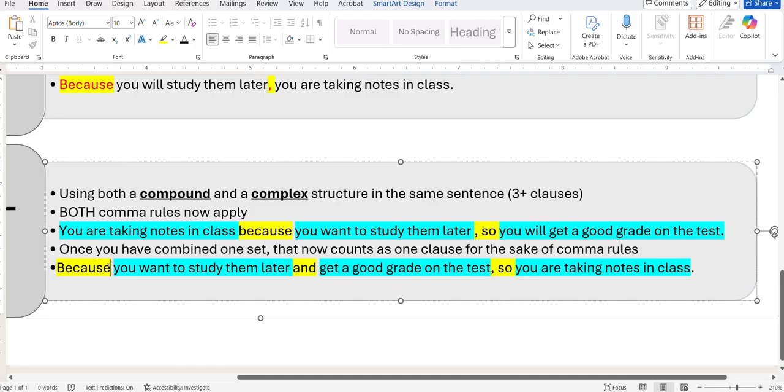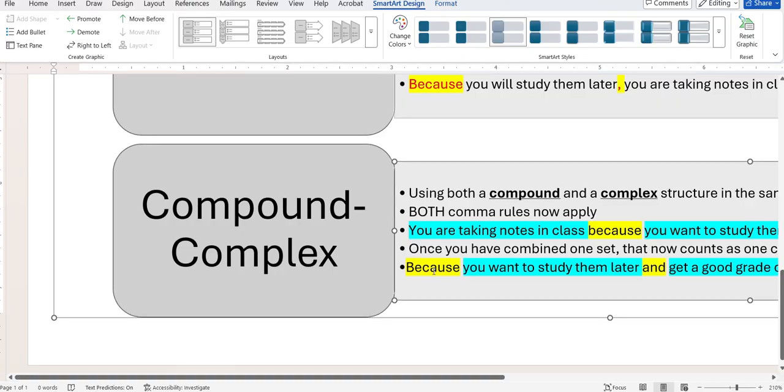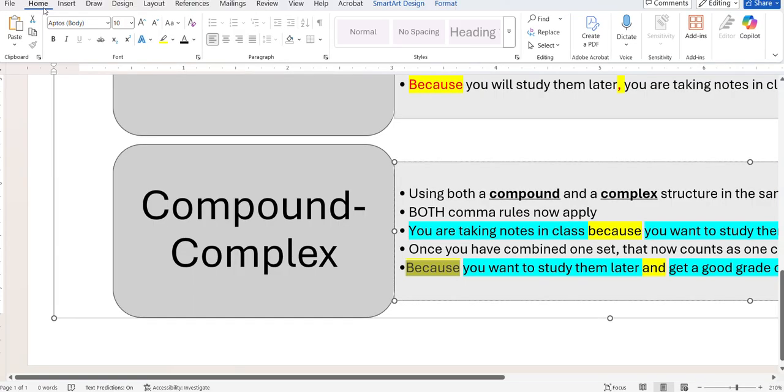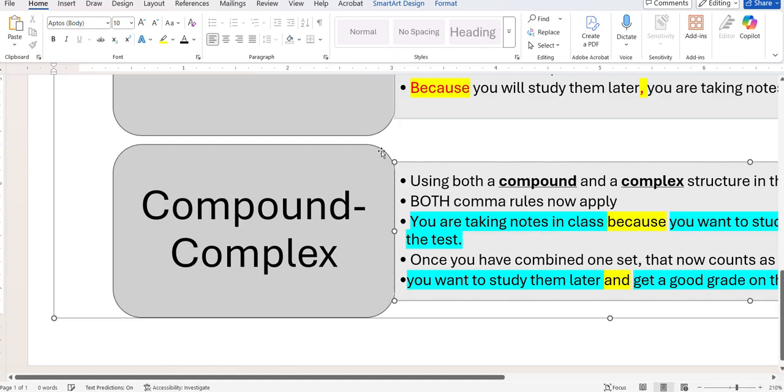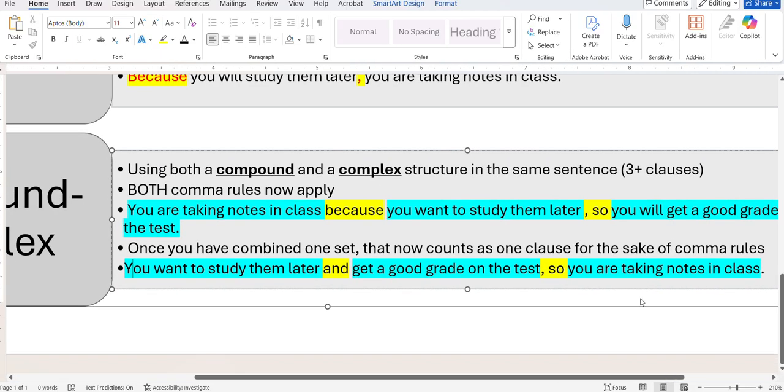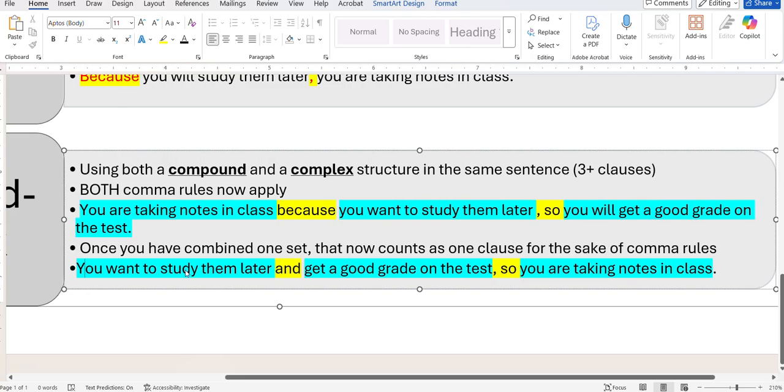Actually, if I just take out because, it probably makes more sense. Sorry, the screen is throwing me off. My example is not the best because of that. There we go. This is now one independent clause. You want to study them later and get a good grade on the test. That is a complete sentence.